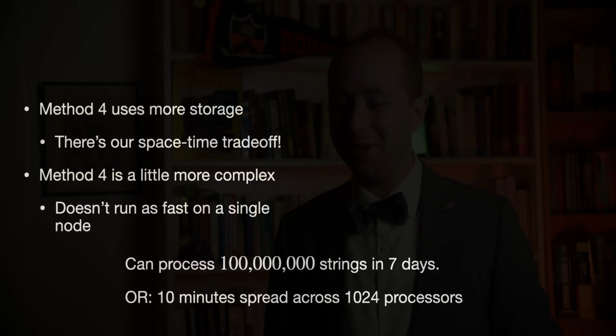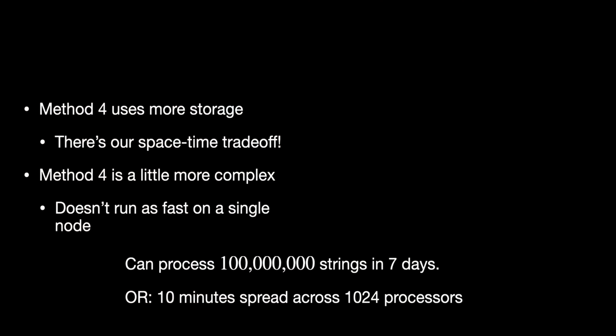It does use significantly more storage, which means there's a space-time trade-off, and it's also a bit more complex, which means it doesn't run as fast when you just have a single core, but it can process 100 million strings in just 7 days, or 10 minutes if you spread it across 10,024 processes. So the 7 days doesn't sound so good, but as soon as we run this on a large computing cluster, this suddenly becomes very, very powerful, showing us that parallelism can be one way of obtaining even better practical speedups for our algorithm.